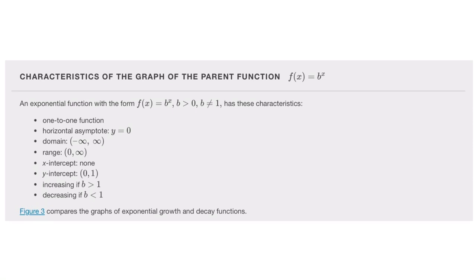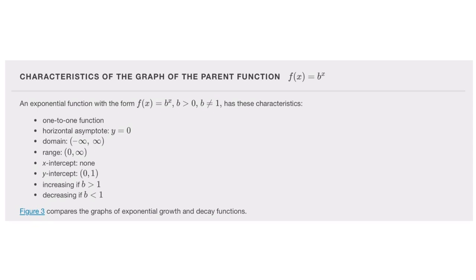So, characteristics of the graph of the parent function, b to the power of x. Recall the main distinction between a power function and an exponential function. With the power function, our variable is the base of the exponent, so those are things like x squared, x to the power of 5, 7x to the power of 3, stuff like that.